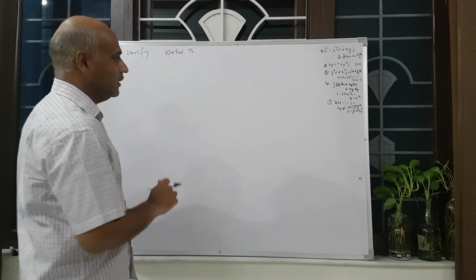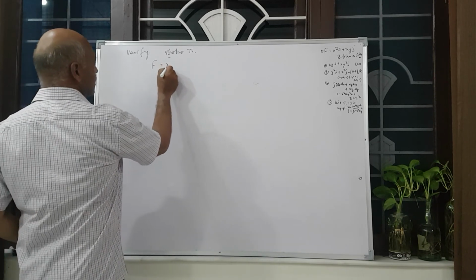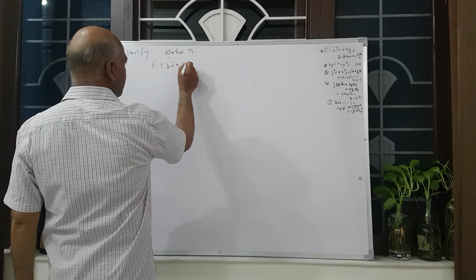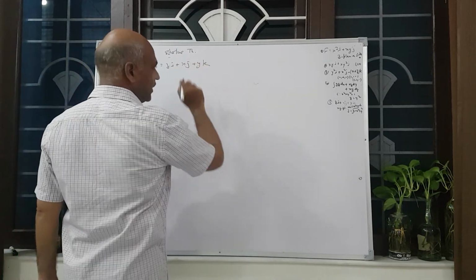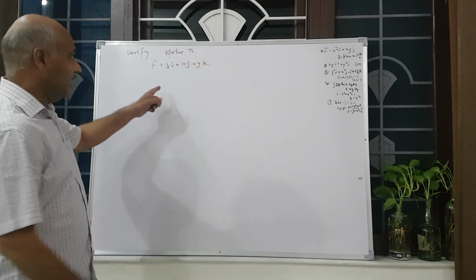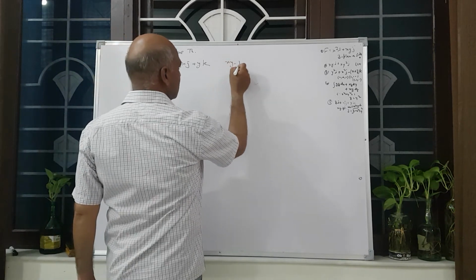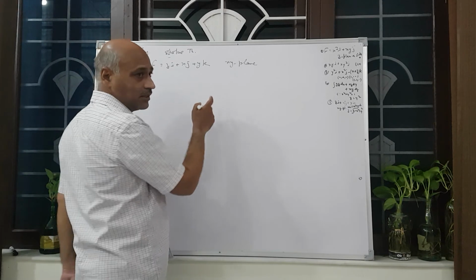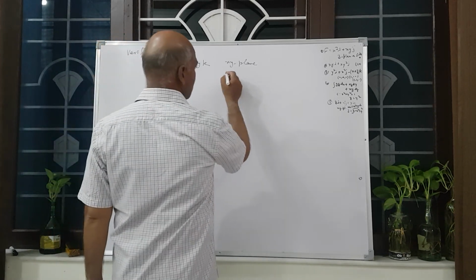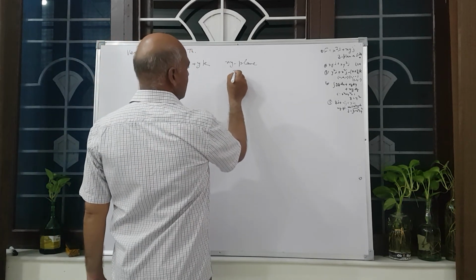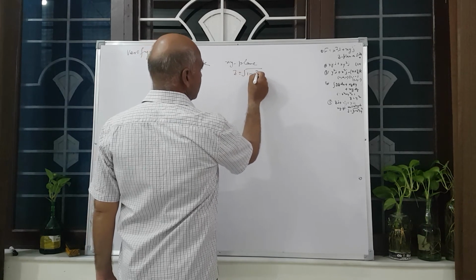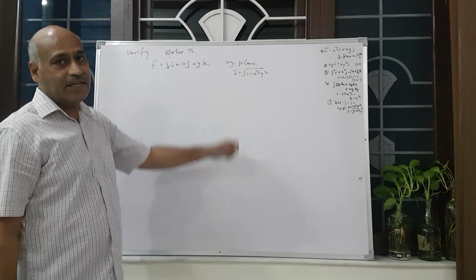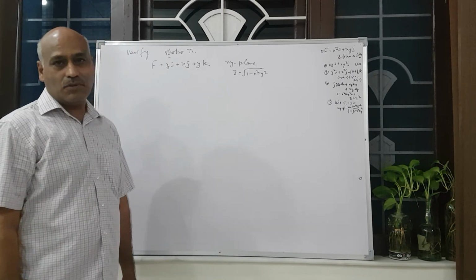Suppose we verify here, f is given as z i plus x j plus y k in the xy plane. Here C is the xy plane surrounded by the hemisphere z is equal to root of 1 minus x square minus y square.